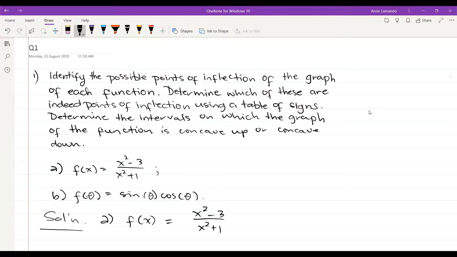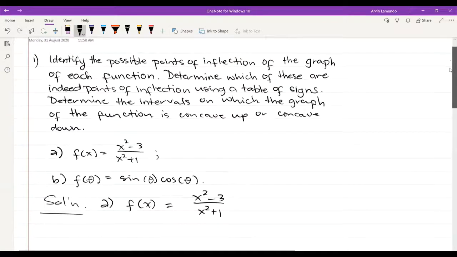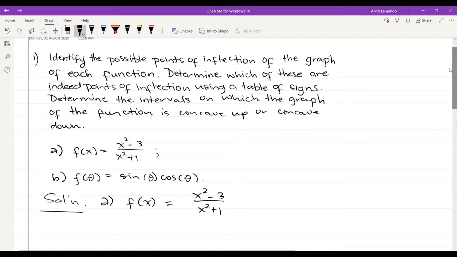to find the possible points of inflection, we should find the zeros of the second derivative of the function f. Of course, there are two ways to find possible points of inflection.